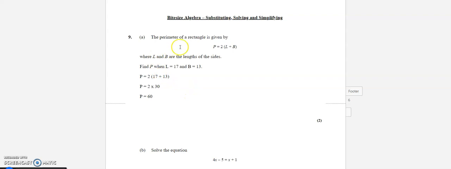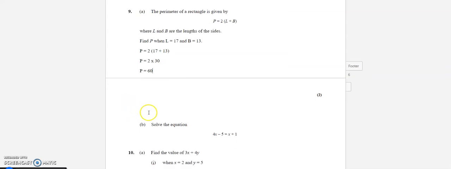So the perimeter around this rectangle equals 60. Now that could be centimetres, metres, we don't know. It doesn't actually give us a unit to measure it in. So just putting 60 there is absolutely fine. That would be a 2-mark question. Nice and straightforward. Easy win under your belt.